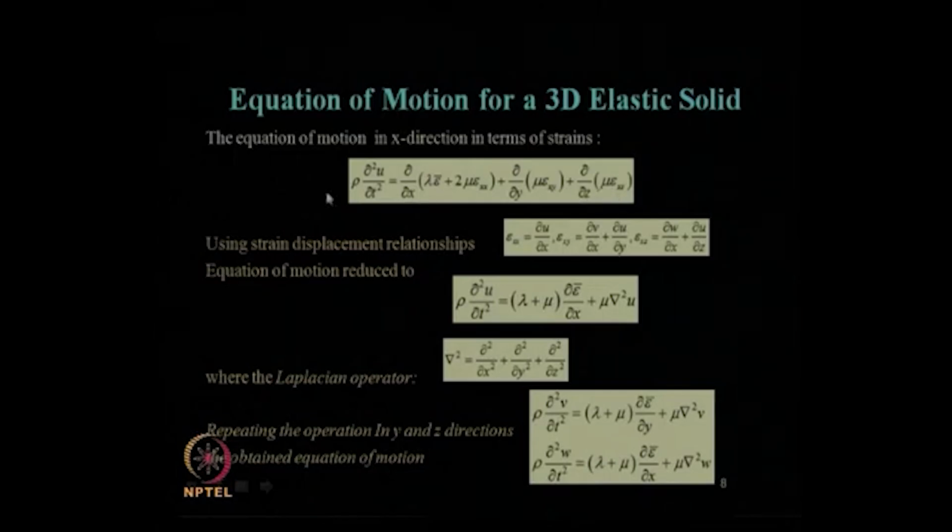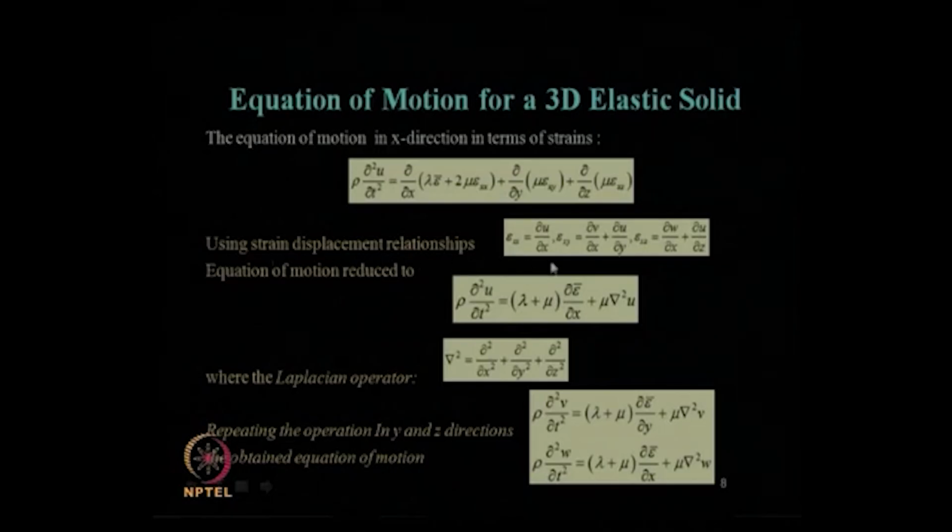Once we get the relationship in terms of strains, we have to look at how we can express the strains in terms of displacement. That is what we did for the one dimensional equation also; while solving the one dimensional equation, we did a similar procedure. For 3 dimensions also we follow the similar procedure, using the strain versus displacement relationship.